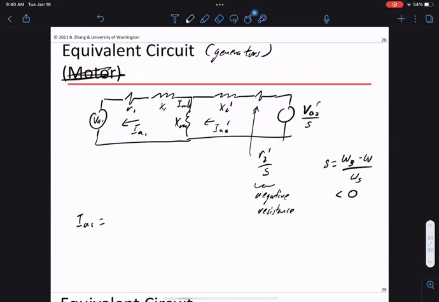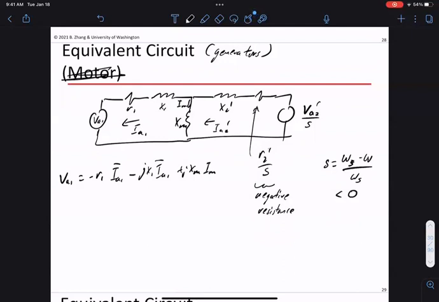So IA1, this is minus. Now I'll write down VA1. How much voltage is there? This is minus R1 IA1 minus JX1 IA1, plus the voltage JXM IM.